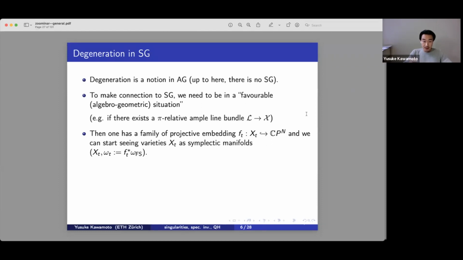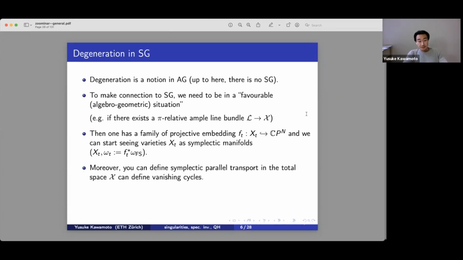And by pulling back the Fubini-Study form, you can start seeing the fibers as symplectic manifolds. This also allows you to define symplectic parallel transport on the total space, which allows you to define vanishing cycles, for example.